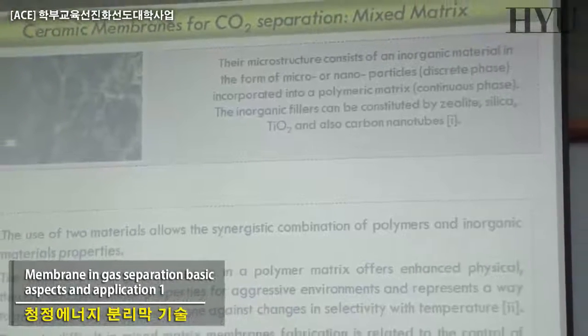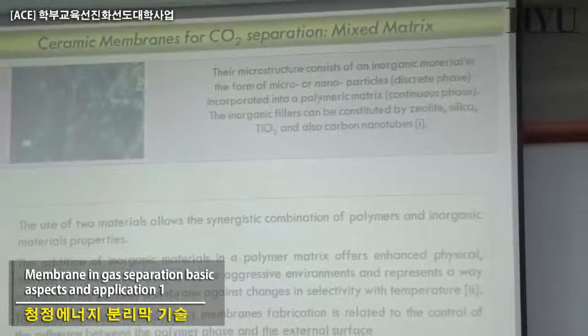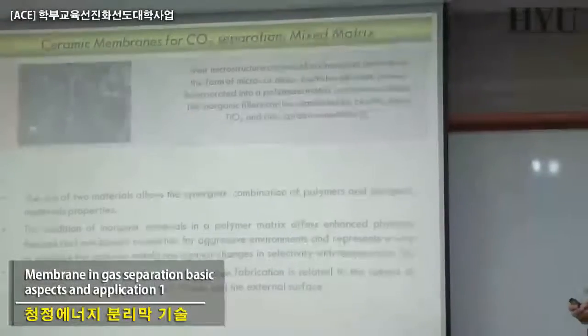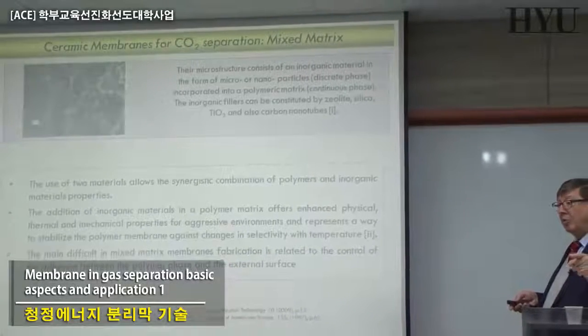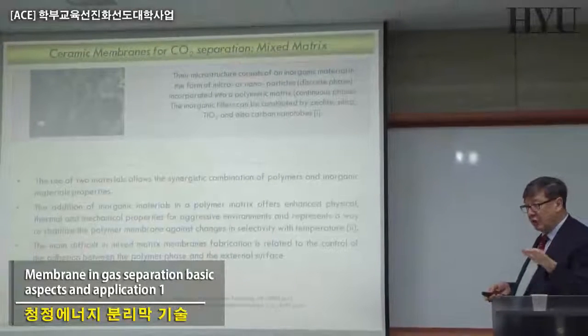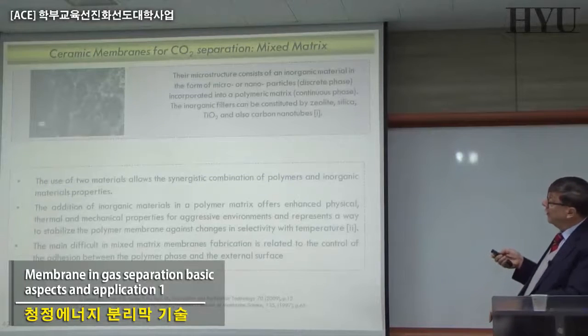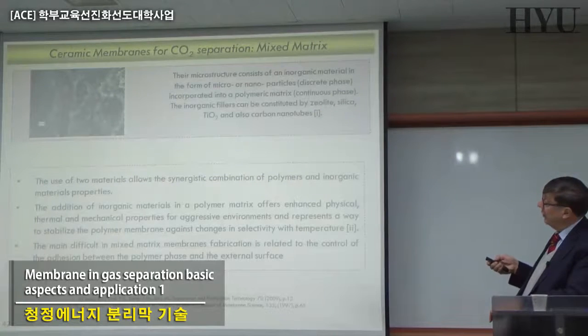And the big trouble is how to avoid defects at the interface between the catalyst, the polyoxymetallate, and the polymeric matrix in which you are immobilizing your catalyst. It seems to be easy, it's not, and that's why there is a lot of work in this area.